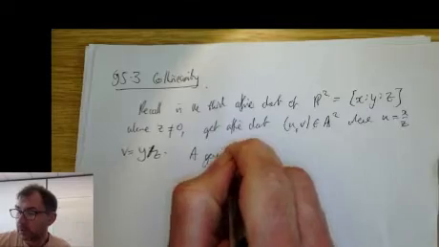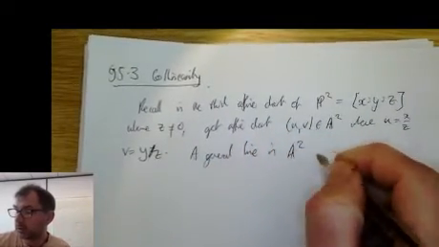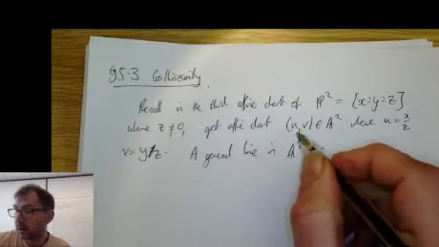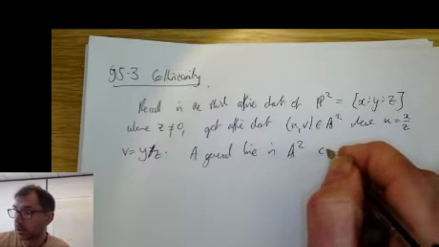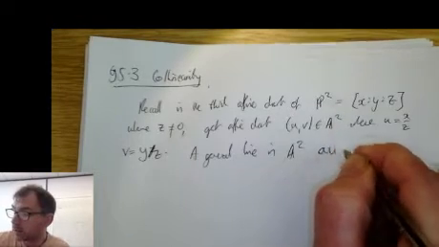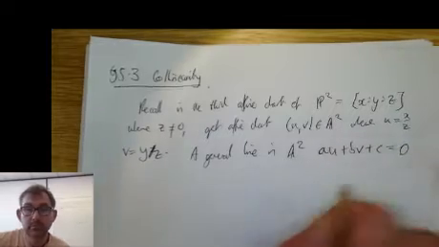A general line in A2 is just given by one linear equation: au plus bv plus c is 0.